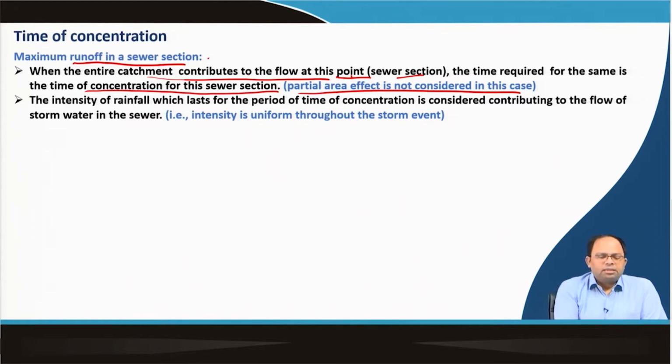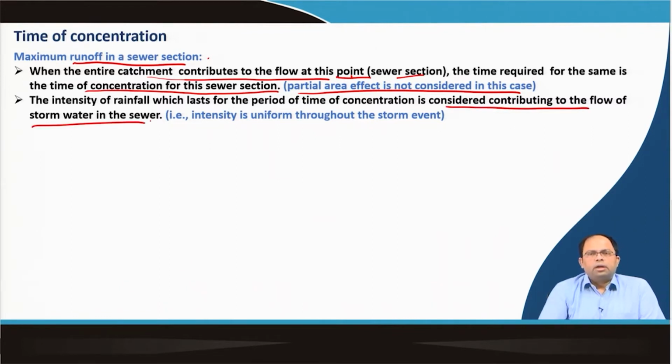The other thing is the intensity of rainfall which lasts for a period of the time of concentration is considered contributing to the flow of stormwater in the sewer. So, intensity is uniform throughout the storm event. That is also one of our assumptions. So, that means the intensity of rainfall for that duration, and that duration is the same as the time of concentration.